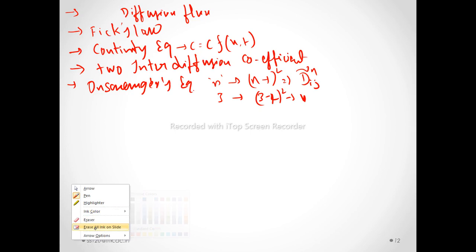Now, in this session, we are learning about the concentration profile. In one of my video lectures, I drew the concentration profile like this while explaining the importance of cross interdiffusion coefficients.